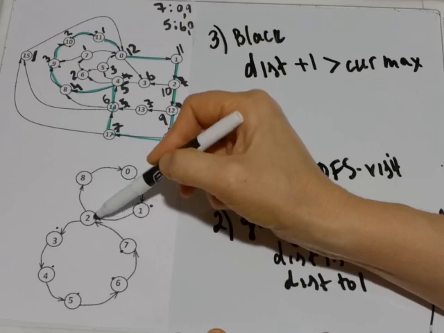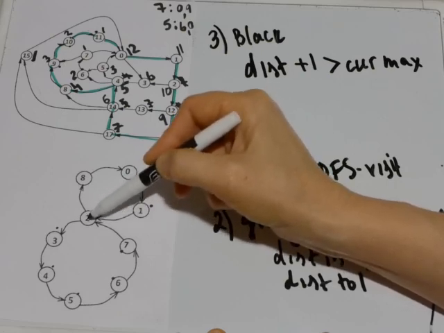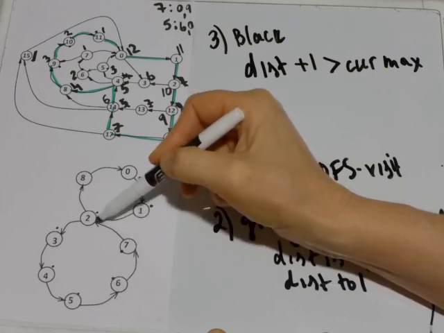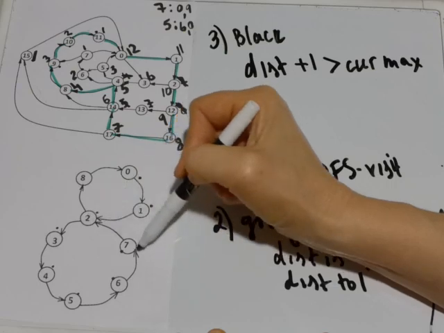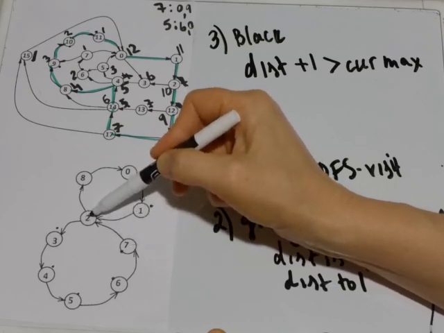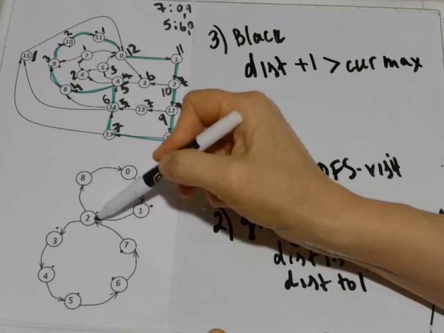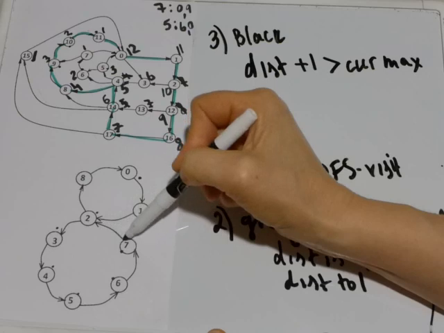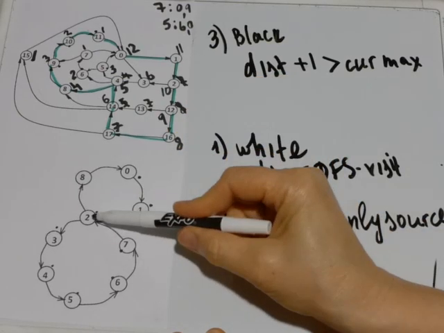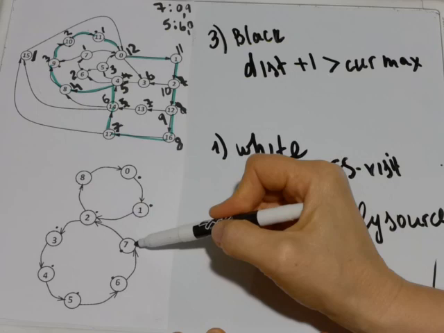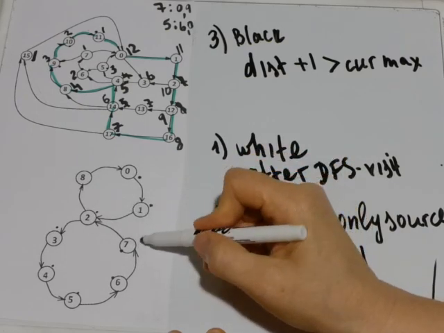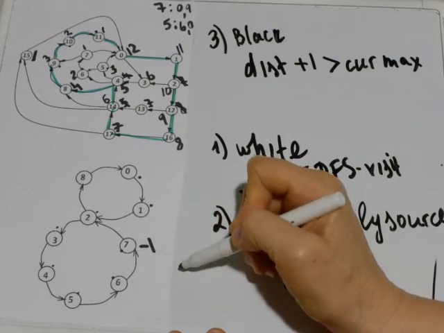Because it is 2, not the source, we do not update the distance here. In fact, the distance of 2 right now is also -1. Because 2 was gray and is not the source, we do not update the distance of this node coming from this gray node. That means that the distance of 7, as it was -1, remains -1.